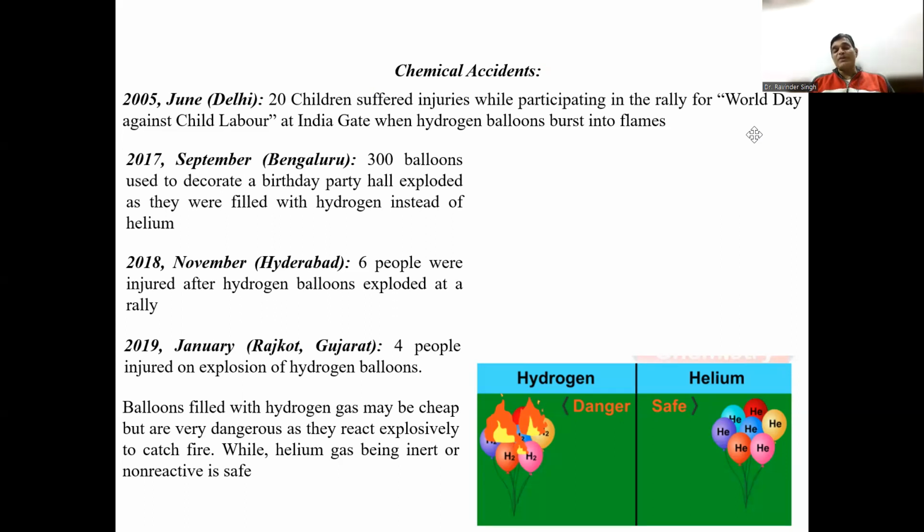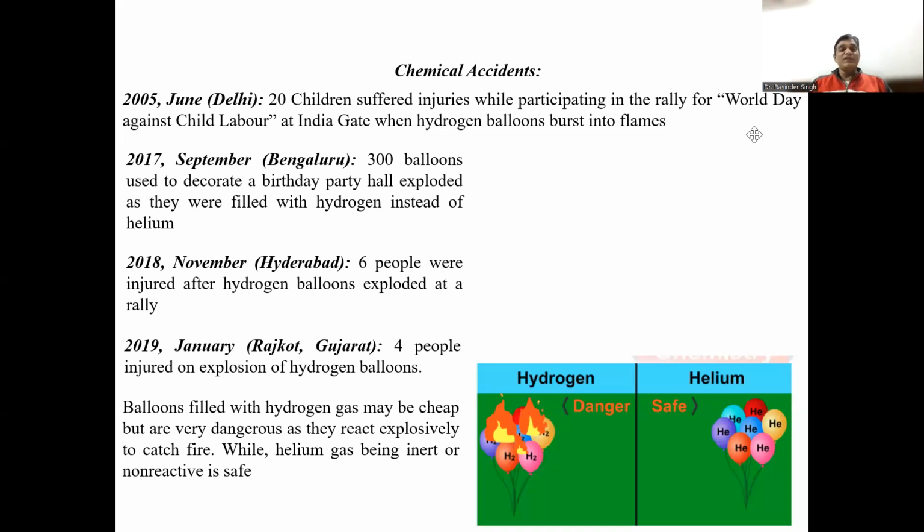So we must be aware of which gas the balloons should be filled with, and which types of gas are harmful to us if an explosion can take place. In November 2018 in Hyderabad, 6 people were injured after a hydrogen balloon exploded at a rally. In January 2019 in Rajkot, Gujarat, 4 people were injured in an explosion of hydrogen balloons.